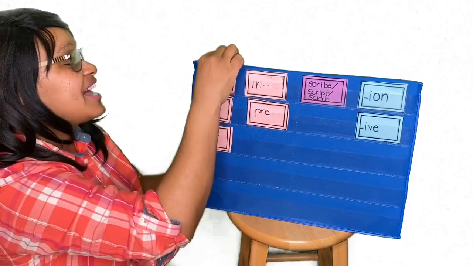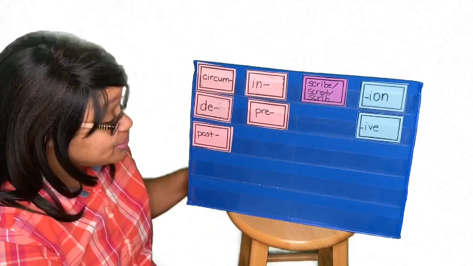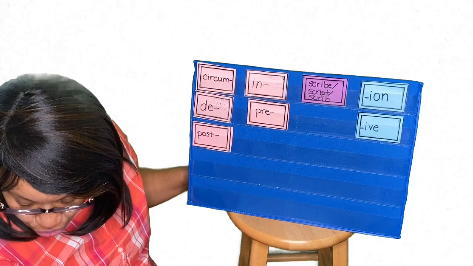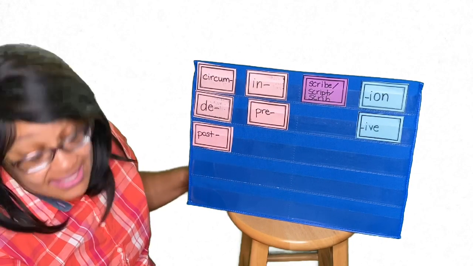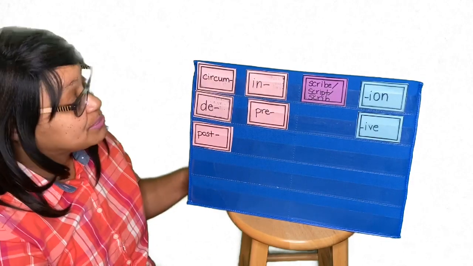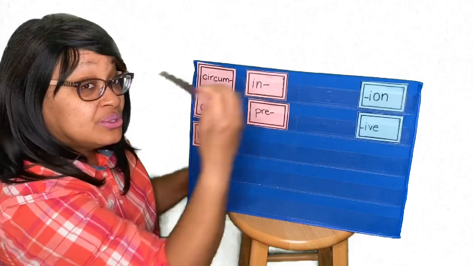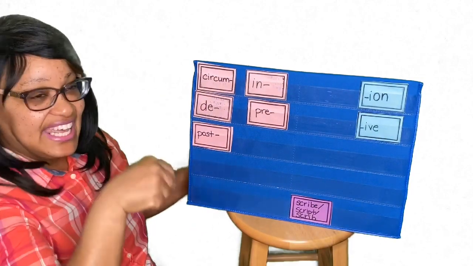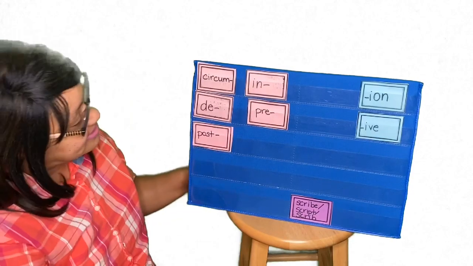Okay, now it's time for me to give you a definition and you tell us the word. Here's the definition. To write or engrave on some surface. So of course we got to use scribe because that's to write. But we need it to be engraved in a surface.